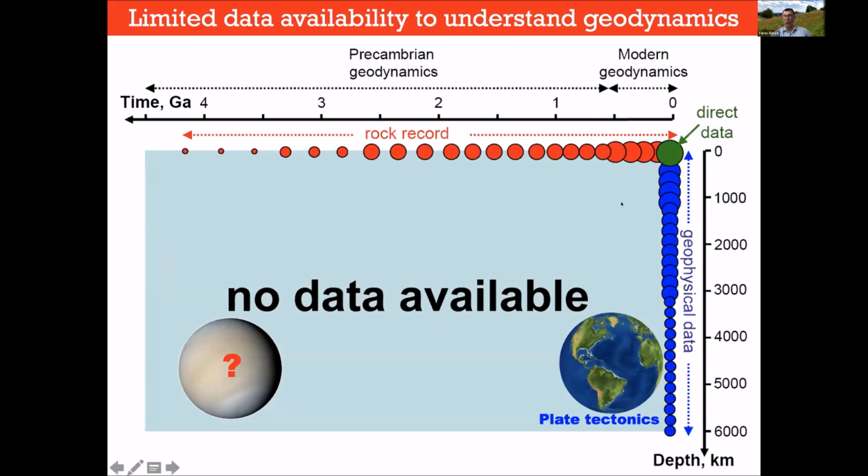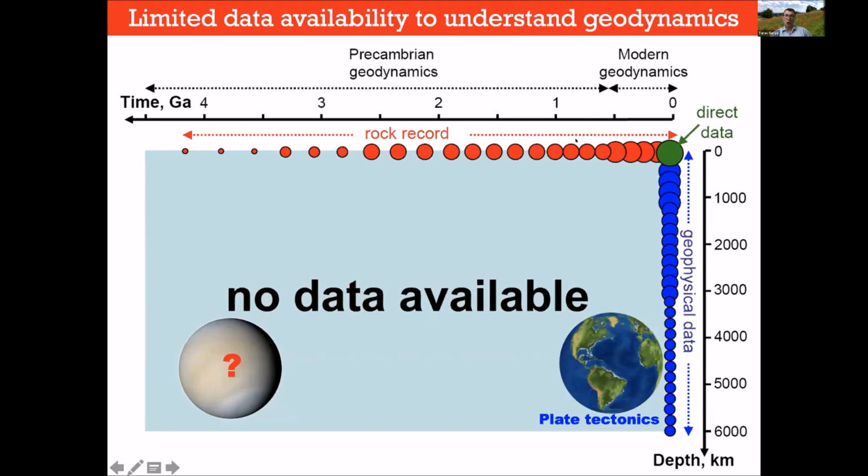Simply because we have knowledge about Earth's interior for the present moment of time, thanks to geophysical data, but this knowledge does not go further than probably a few decades ago. Then we have, of course, surface observation and plate tectonic reconstructions. Some of them go further than the others, but in general our surface record is quite limited.